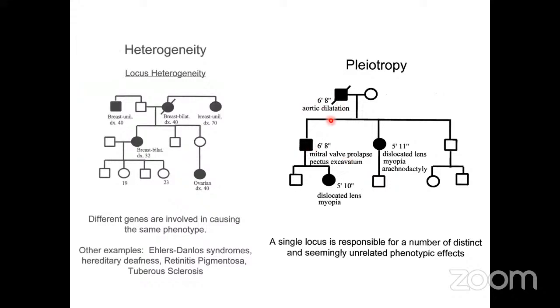Similarly, another relative has aortic dilatation, no dislocation, tall stature. Whereas the sister or aunt of this index child has dislocated lens, myopia, arachnodactyly and is short. So it's a single locus responsible for a number of distinct effects: one in the heart, one in the eye, one tall stature, one arachnodactyly, pectus, skeletal system. Unrelated phenotypic effects. This is called pleiotropy.